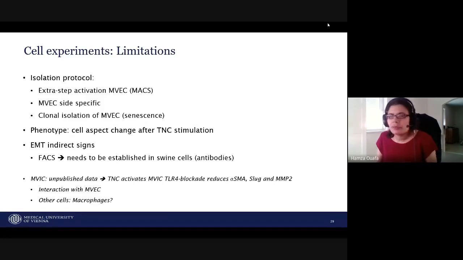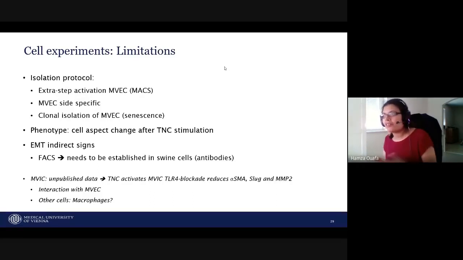It is problematic because whenever there is something binding to a receptor of a cell, we don't know if this cell will get activated or not. So it's a bit of a dilemma. Can we say that we only have endothelial cells by just using their phenotype, by just looking at them under the microscope and saying, oh yeah, my colony is only endothelial cells?